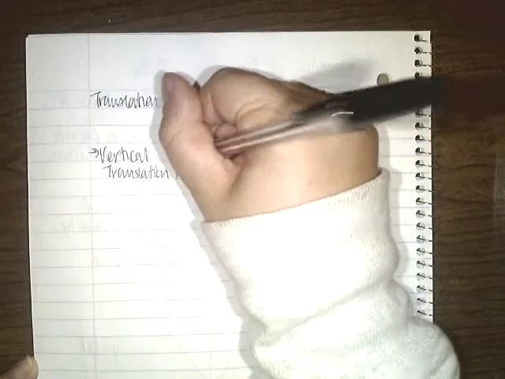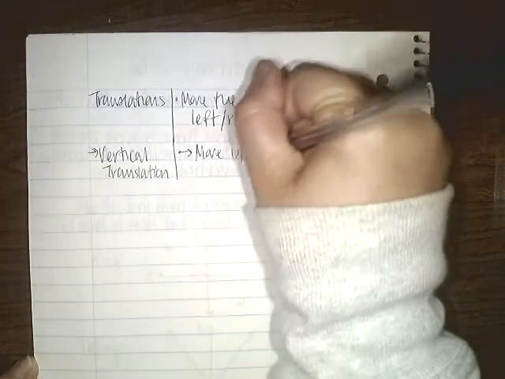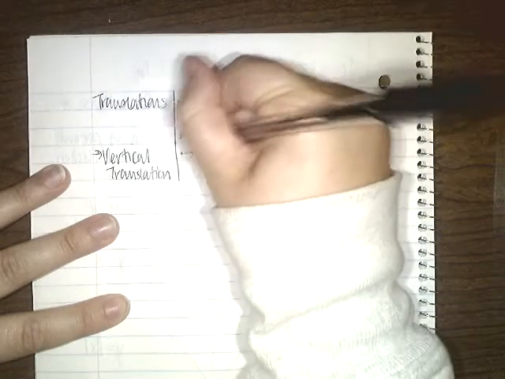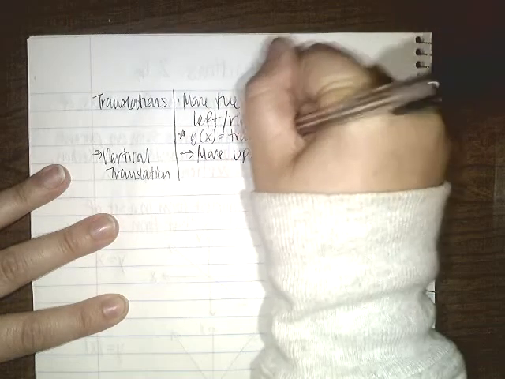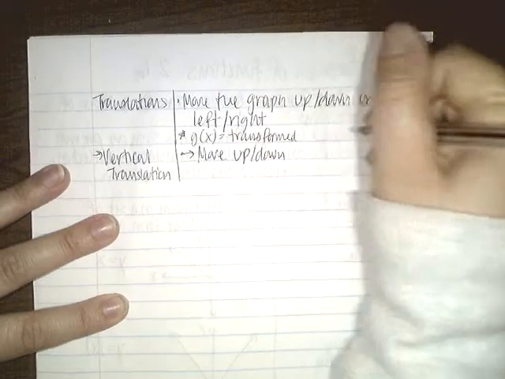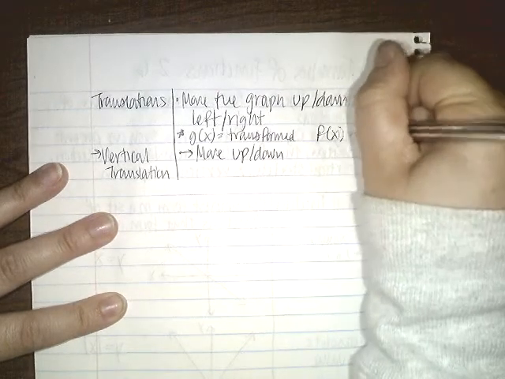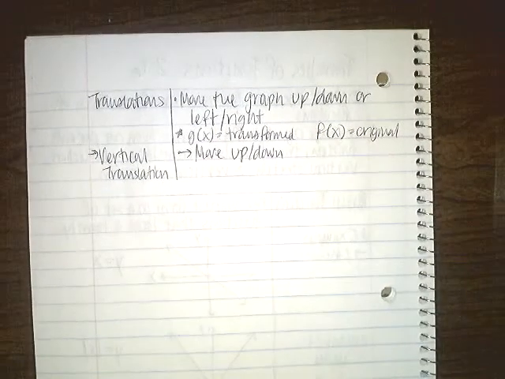So vertical translations similarly move the graph up or down. And one thing I'm going to do throughout this, so I'll put a little star here, I'm going to use g of x to represent the transformed function and f of x to represent our original function, or parent function throughout these examples.